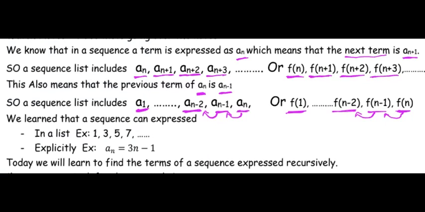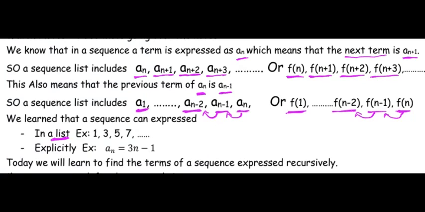And this is what we learned so far. We can write sequences or express sequences as lists, and we were exposed to a lot of lists in the previous lessons. An example is 3, 5, 7.